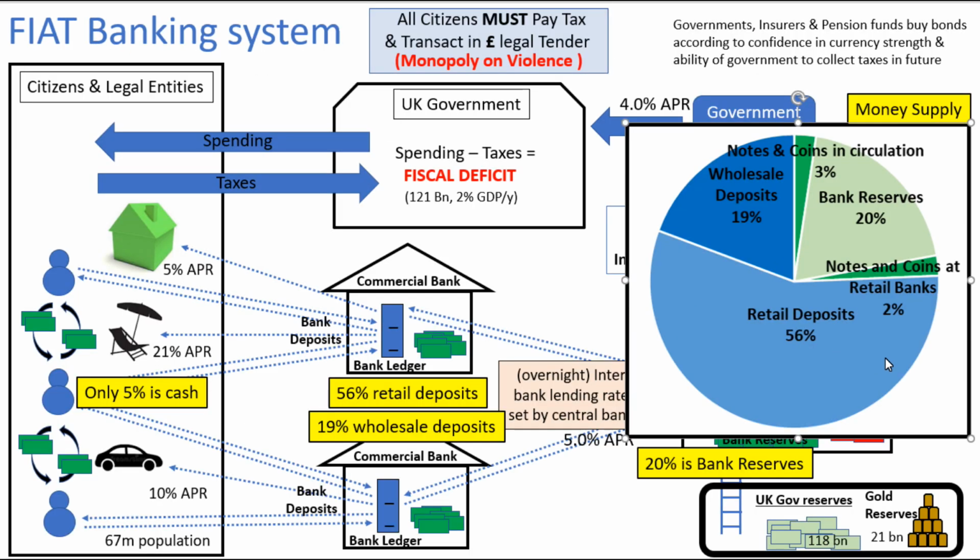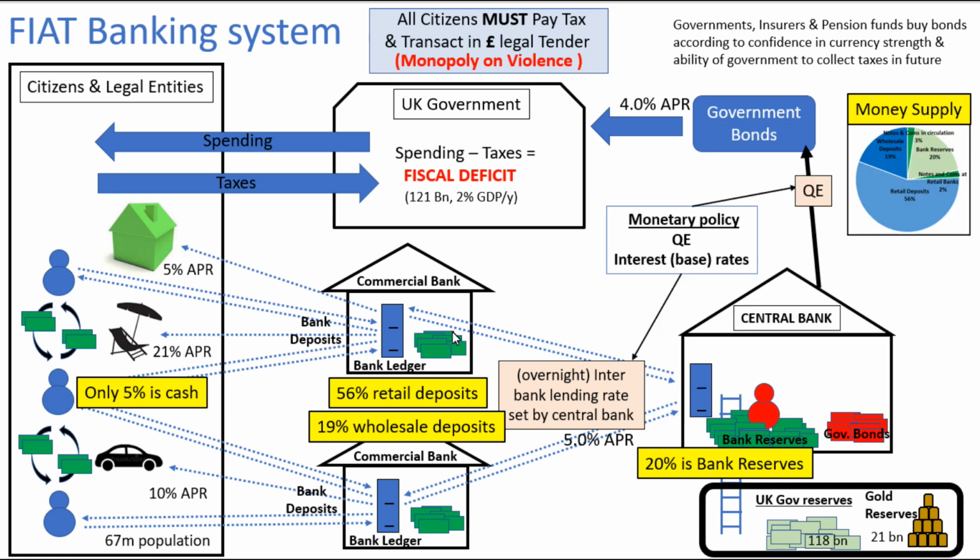So the vast majority of the fiat banking system is based on debt. The economy grows by banks creating more debt to lend people money so that they can spend beyond their means on lavish holidays and owning a house they can't afford.